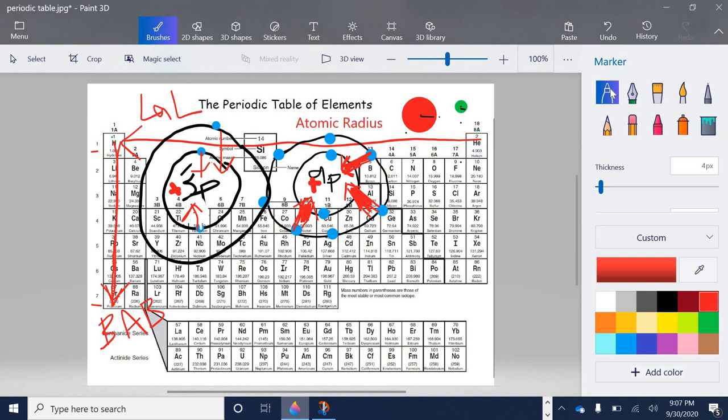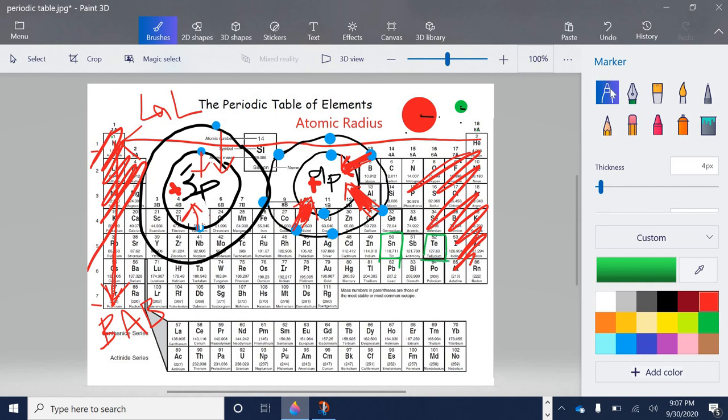So, things over here on this end of the table on the left side tend to hold their electrons in more closely, making the atoms smaller. Things over here on the right side tend to hold them more loosely, making the atoms bigger. So again, if you're comparing two things in the same row, let's say you're comparing tin versus, let's say, tellurium right here.